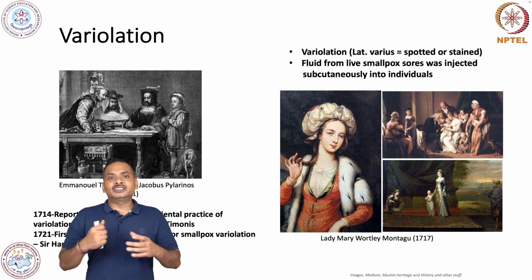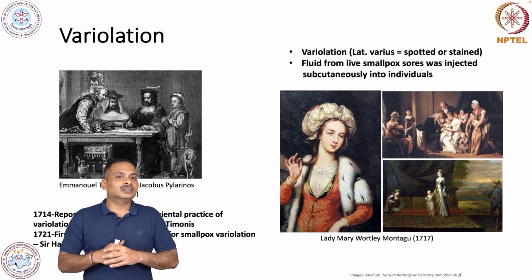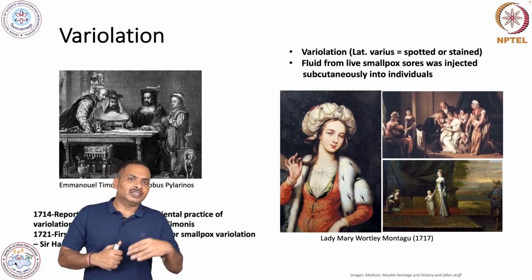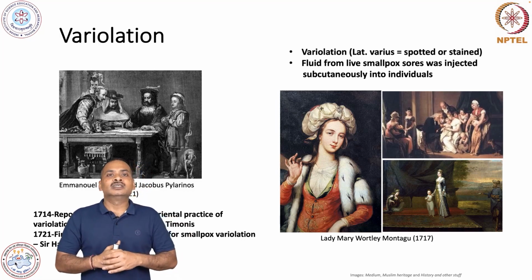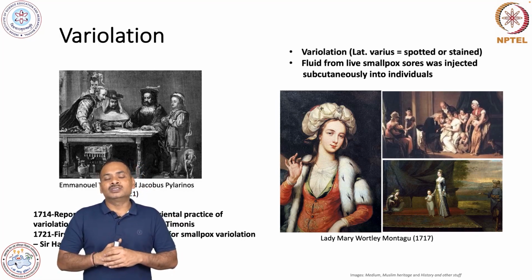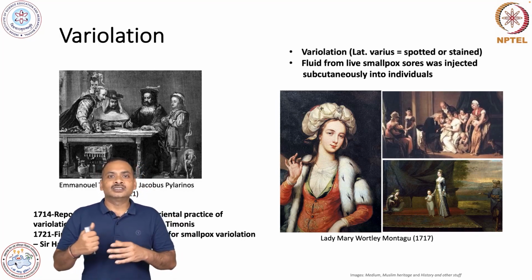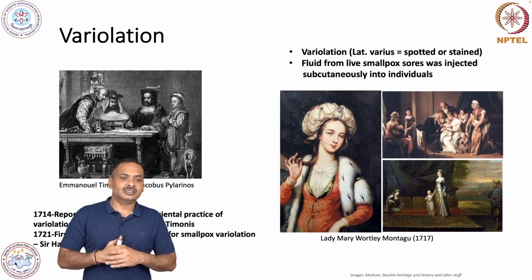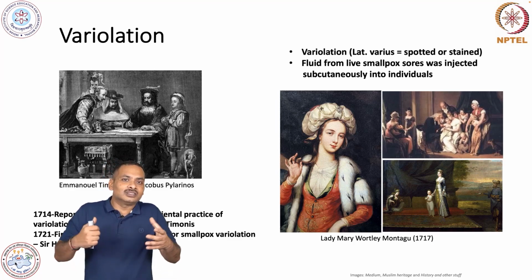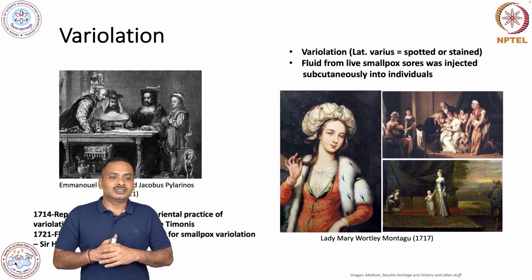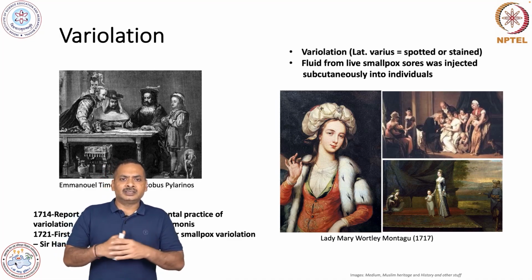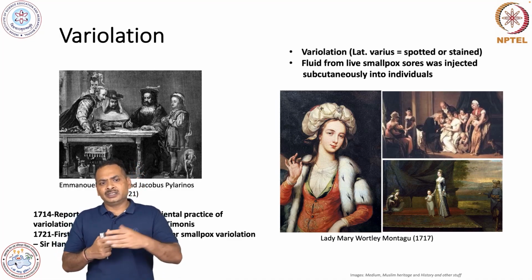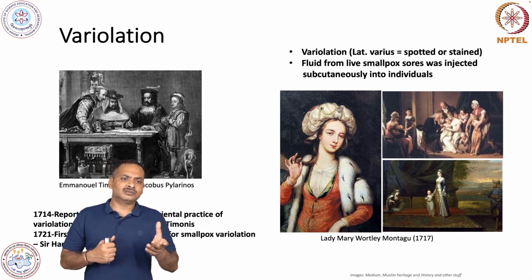So what she did, since she got married to quite a big person and had all the power, she assigned some surgeons. Here you can see two royal surgeons, as they call them, in this image.